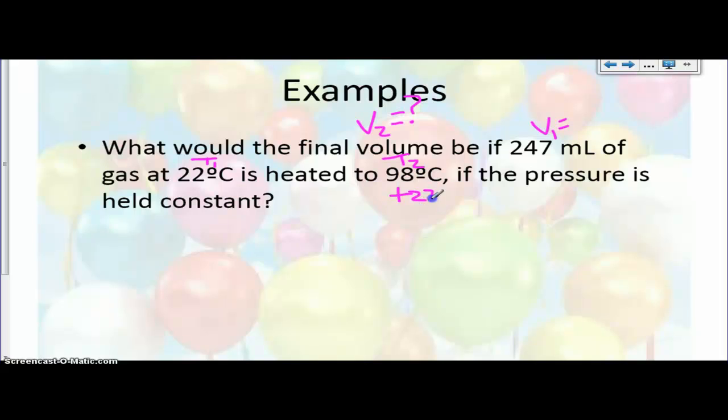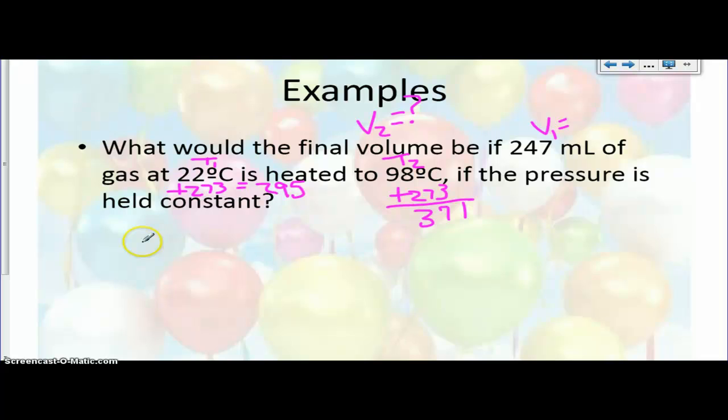Now, you always have to have your temperatures in Kelvin. It's one of the rules of the gas laws. So we're going to add 273 to our Celsius to get our temperature in Kelvin. So our T2 is 371 and our T1 is 295.